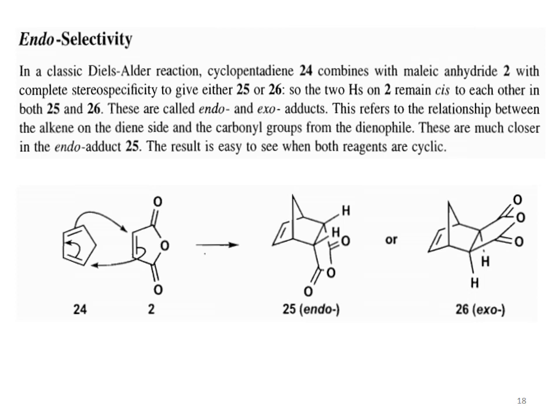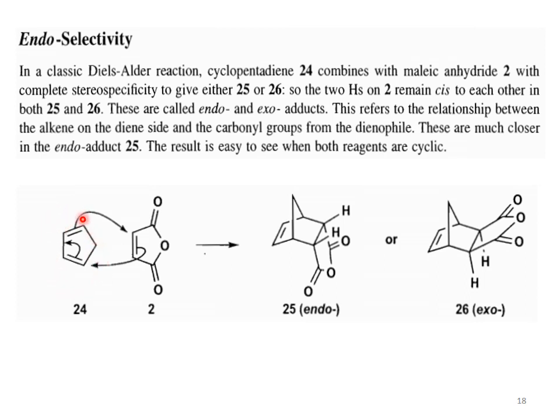See, in the product, these two hydrogens are pointed upwards. So these two hydrogens are cis in the endo product, and in product 26, the two hydrogens are pointed downwards. Here these two hydrogens are also cis.